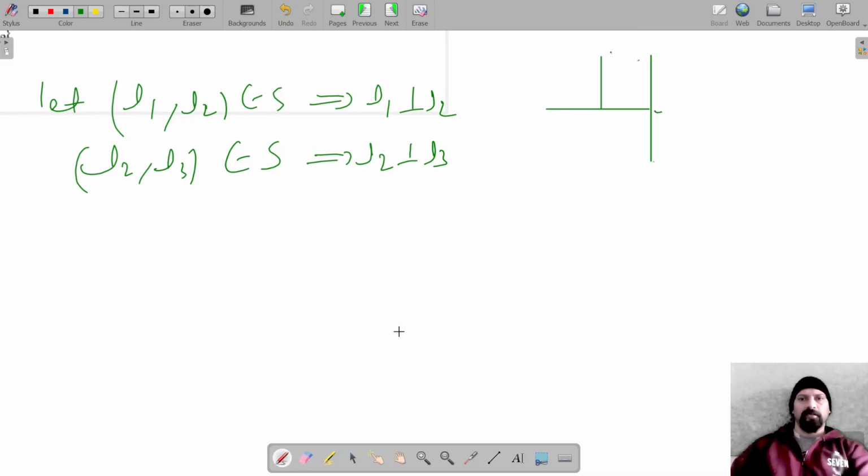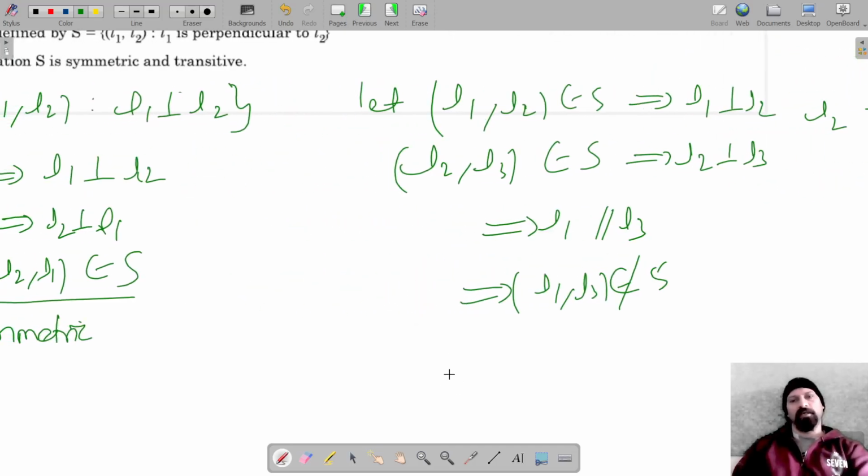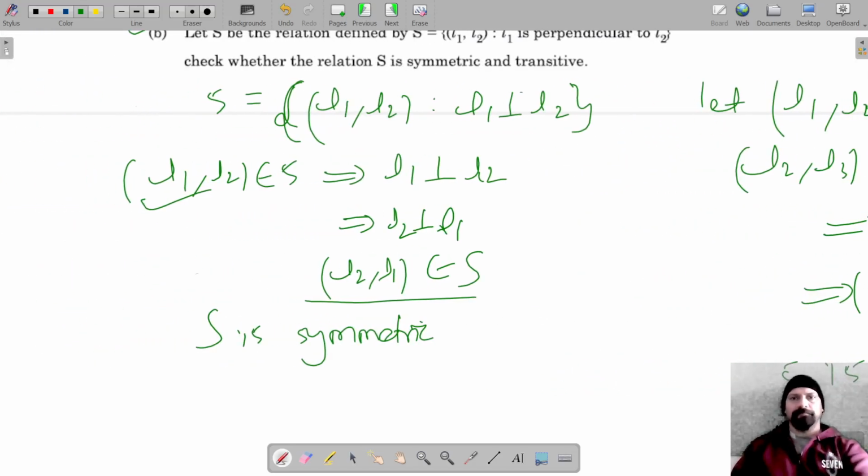L1 was perpendicular to L2 and L2 is perpendicular to L3, so that means L1 and L3 are parallel. So this implies that L1 and L3 do not belong to relation S. So S is not transitive. It's symmetric, but it's not transitive.